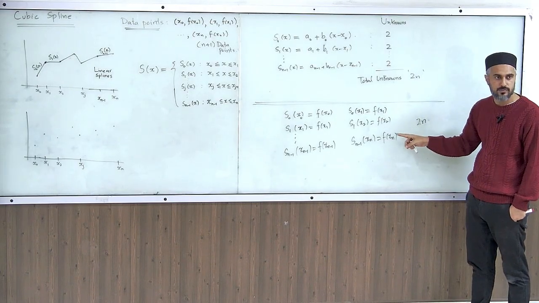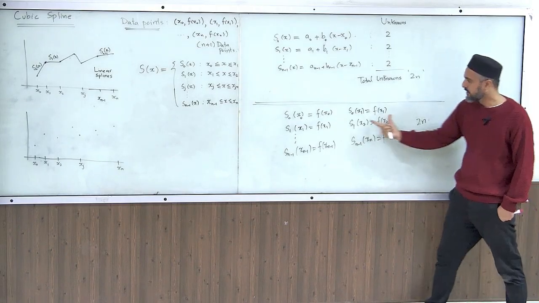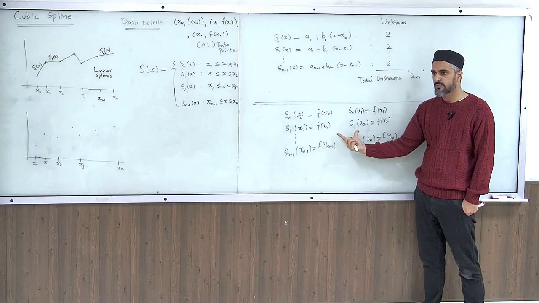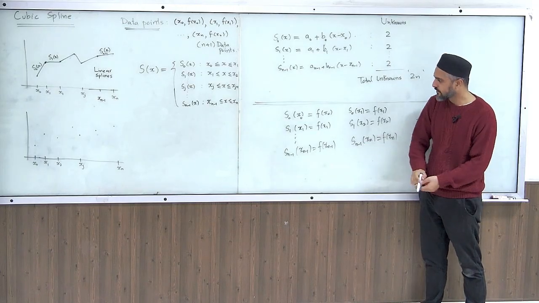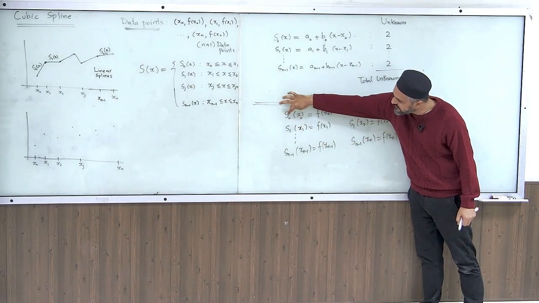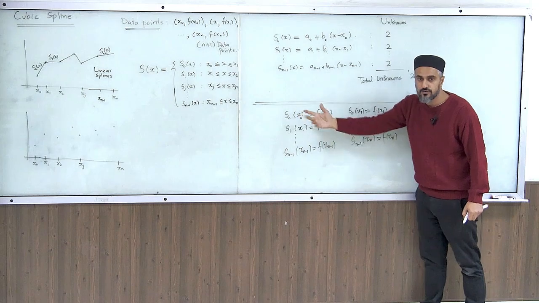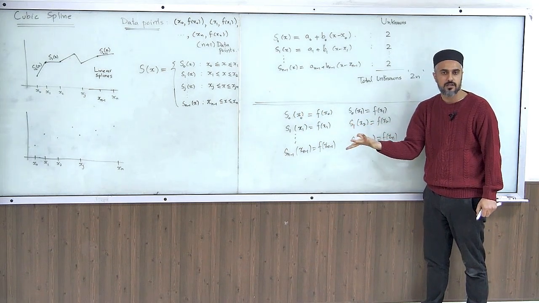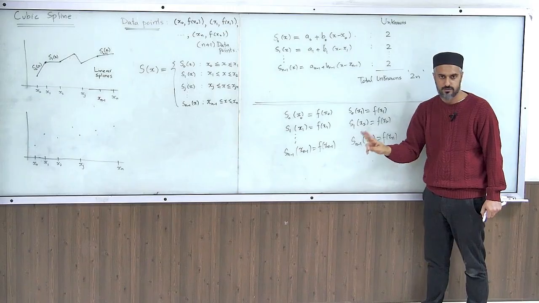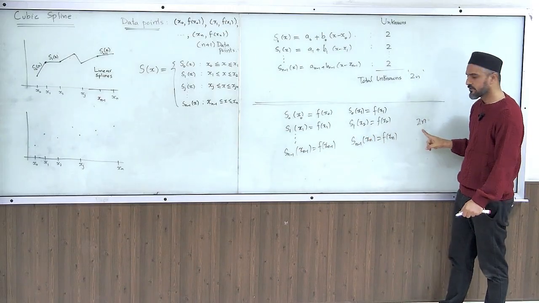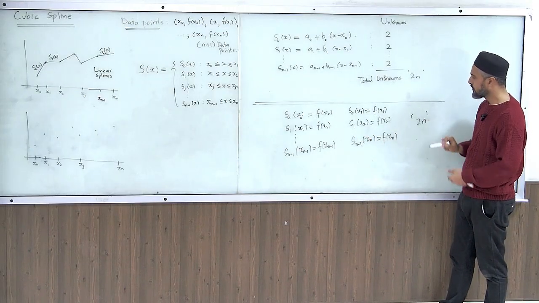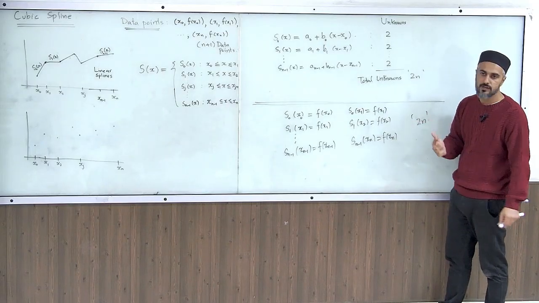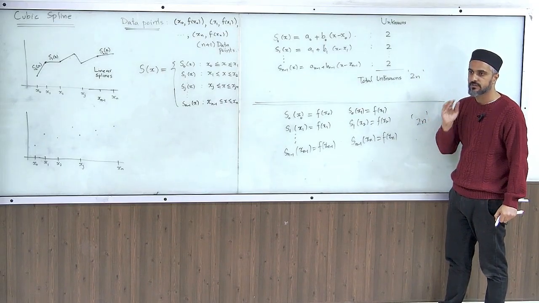Because we have 2 equations from every Sj, and the total Sj's are n, so the total number of equations is 2n. Now you have 2n equations and 2n unknowns, so you can solve it and find the values of a0, aj's and bj's.